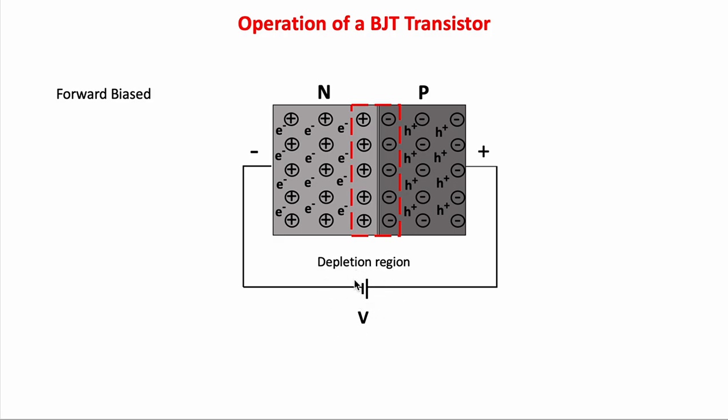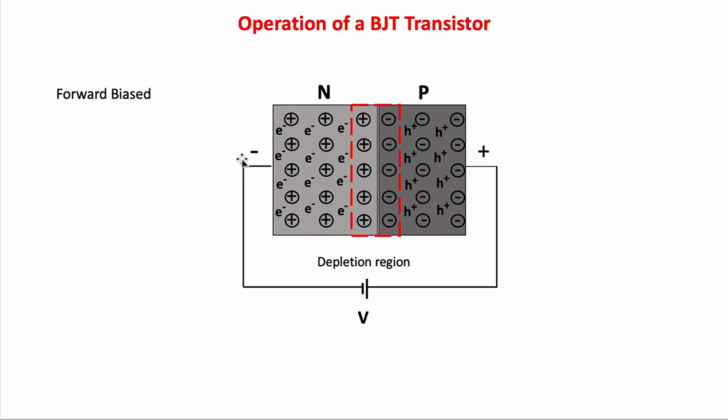If we apply a voltage to the PN junction in such a way that the positive end of the supply voltage connects to the P-type and the negative end connects to the N-type, then the holes in the P-type region are pushed towards the junction due to the repulsion of like charges, because we have a plus here and the holes are also positive, so they repel each other and push the holes to the junction region.